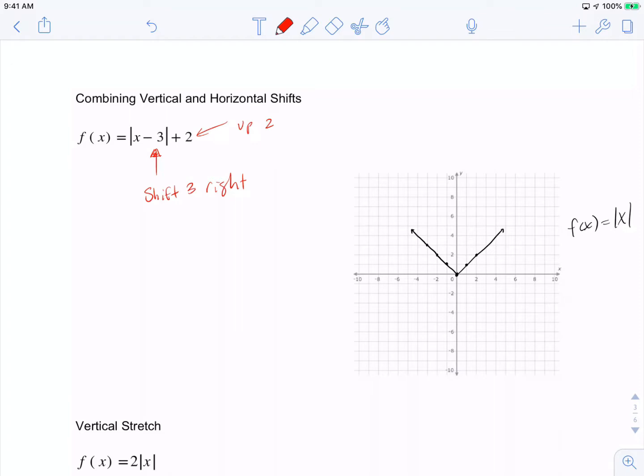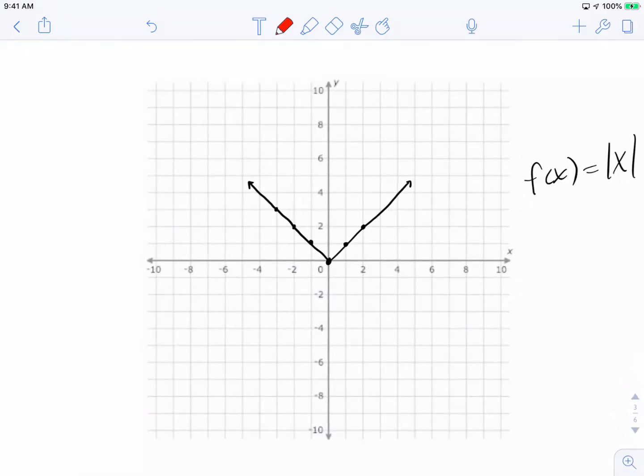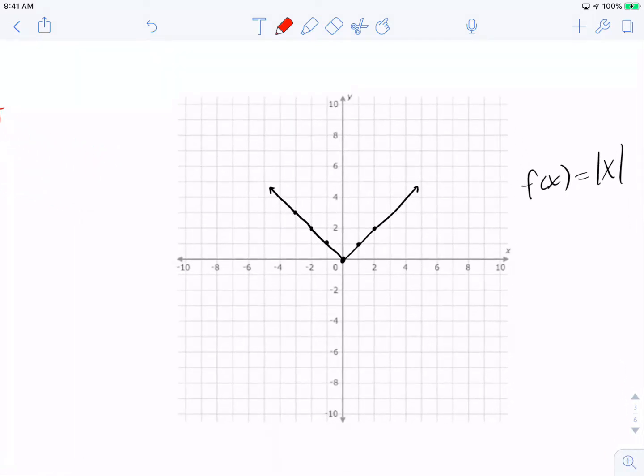So every point is going to be shifted to the right and then up. So I'll take my first point and let's see, 3 to the right, up 2. So 3 to the right, right there, and then up 2. So that is 3 to the right, and then up 2.